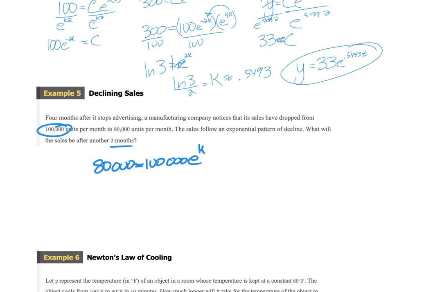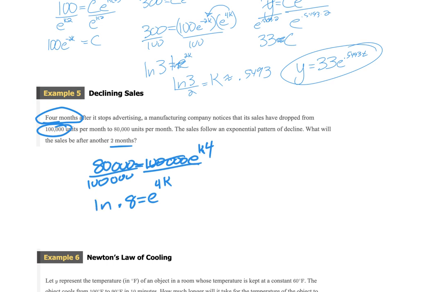So this is 80,000, 4 months. So there's our t value, 4. So we divide by the 100,000. Cancel that side, and we get 0.8 equals e to the 4k.